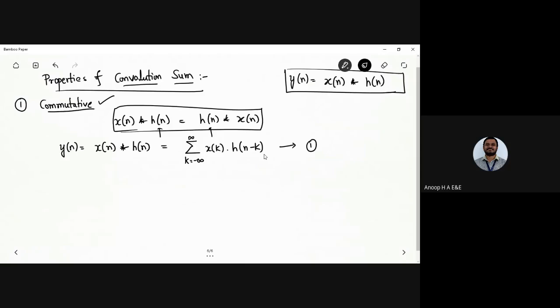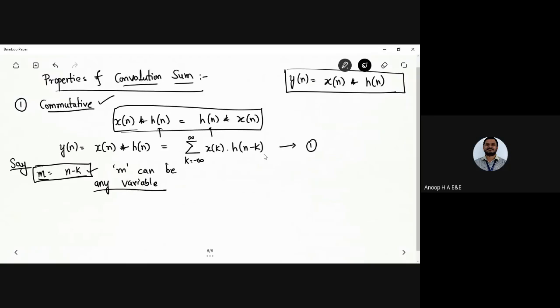Now let me take any variable, say m, which is equal to n minus k.